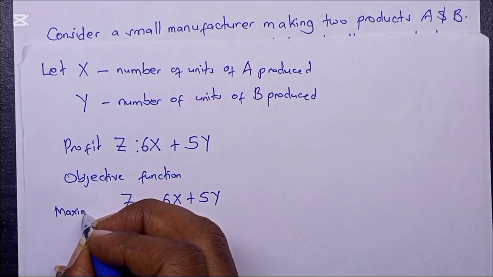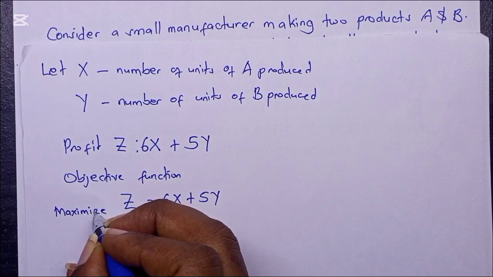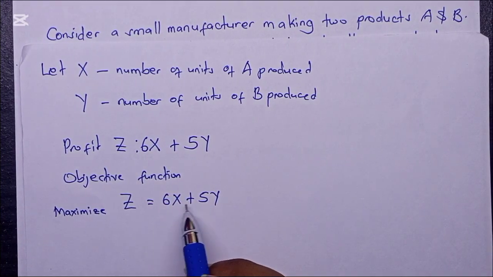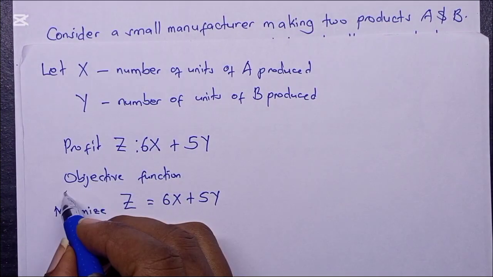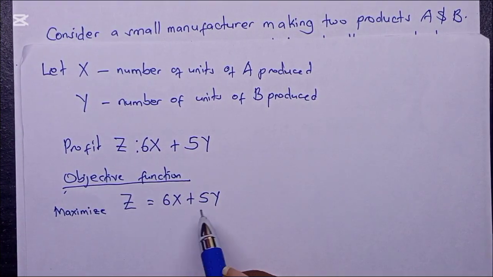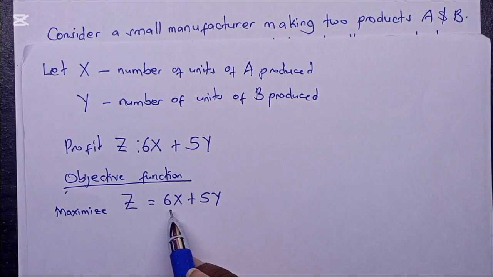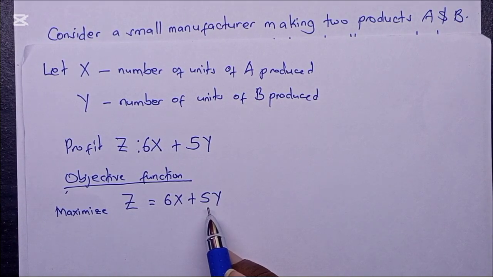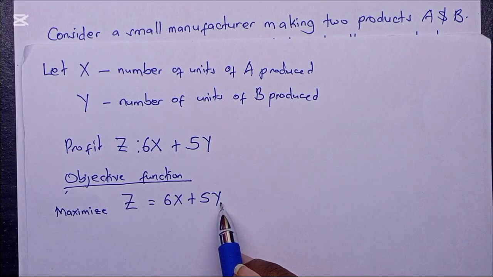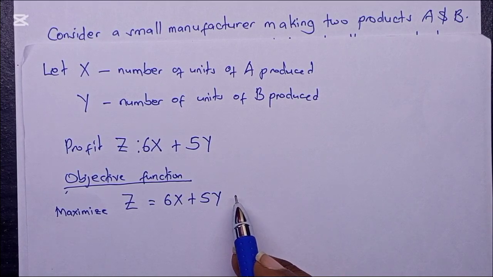So we say maximize z equals 6x plus 5y. This is our objective function. We want to maximize profit, which is 6 rupees from each of the x units of A produced plus 5 rupees times y units of B produced.